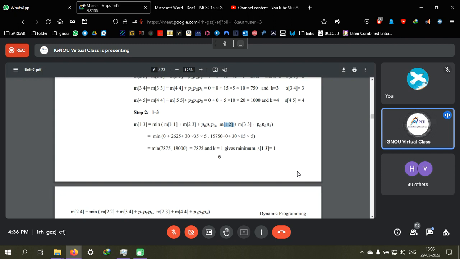Again, here I am confused with the value of k. The value of k, if we are talking about the first, it is giving us j minus 1, which is always equal to k when there is an adjacent matrix. And in this case, where i is equal to 1 and j is 3, that means we have to break this matrix.